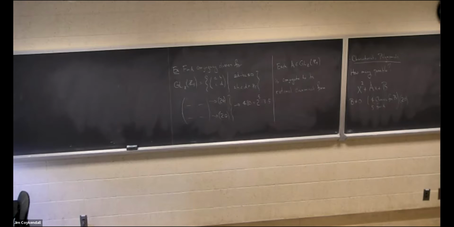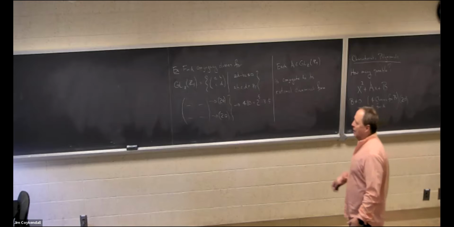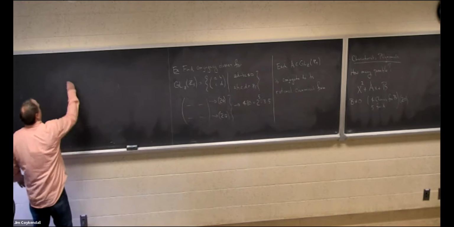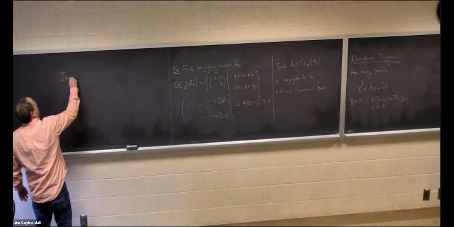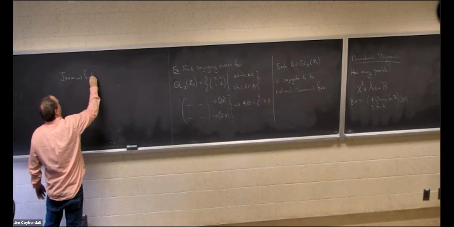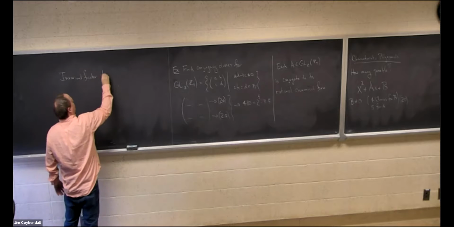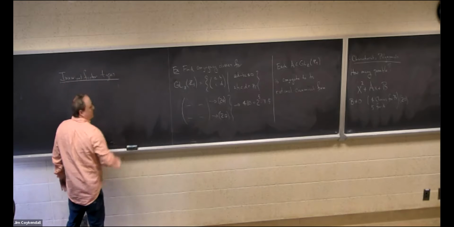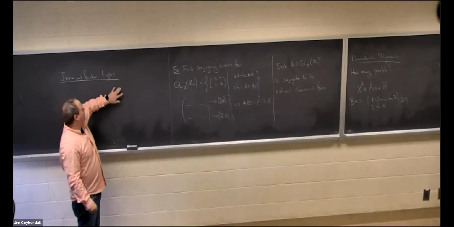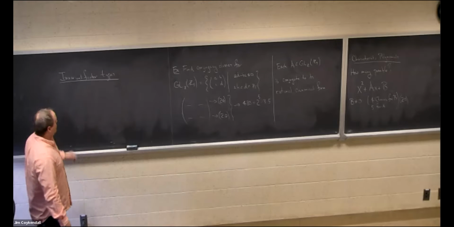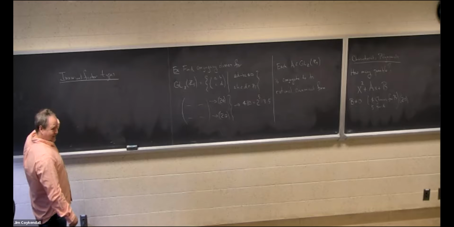Okay, so if we're going to list all the possible rational canonical forms for matrices here, we have to go through all the possibilities of invariant factors, right? So I want to give you the invariant factor types. We'll figure them out and then see what kind of matrix it corresponds to.